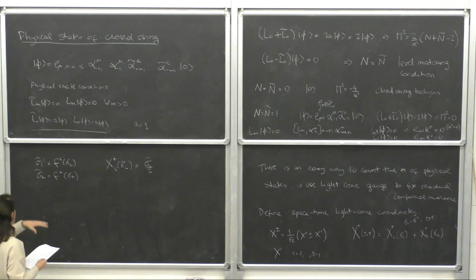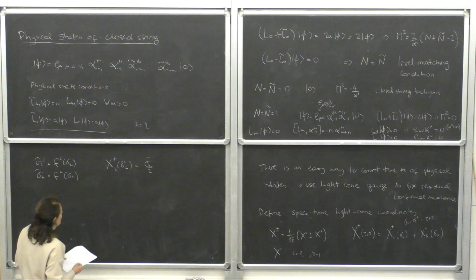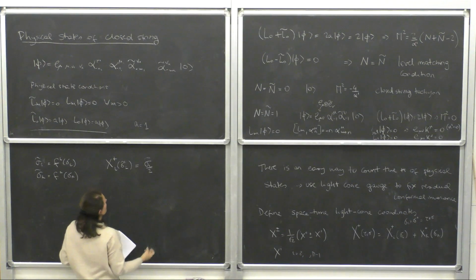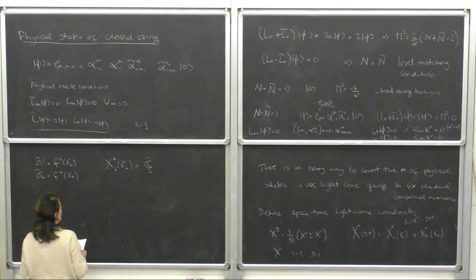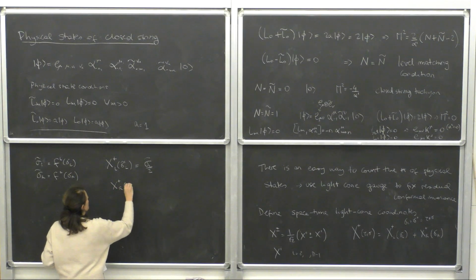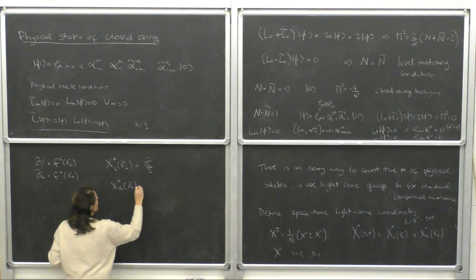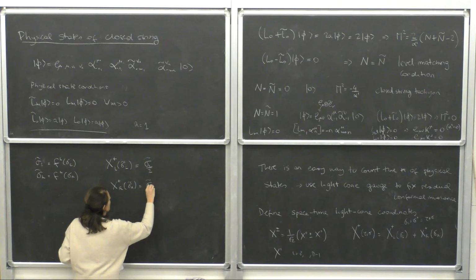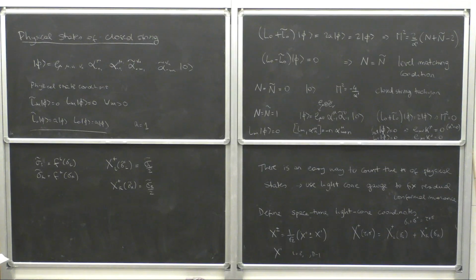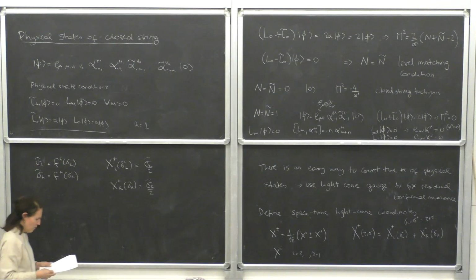I'm allowed to do that. It's some horrible transformation, but with that I get rid of all the oscillators. And x plus right, that depends on sigma tilde right, I want it to be sigma tilde right over 2.